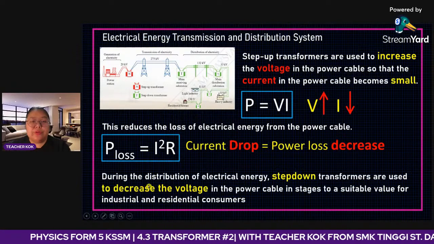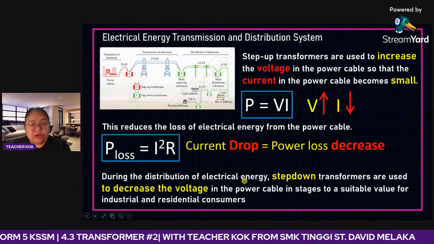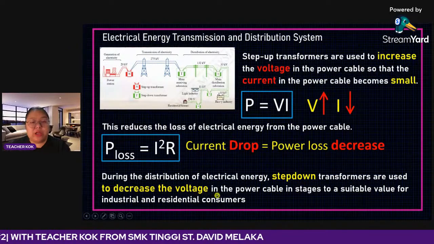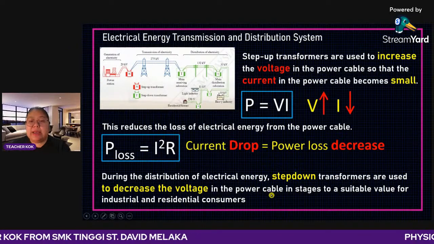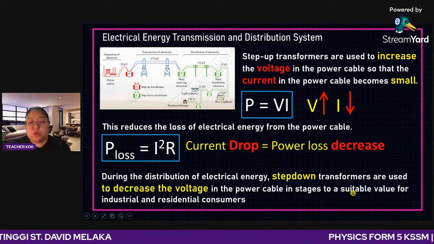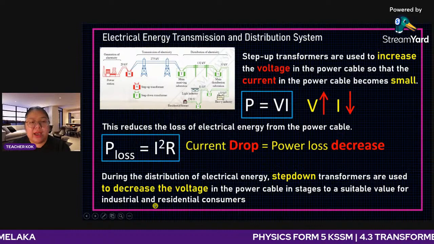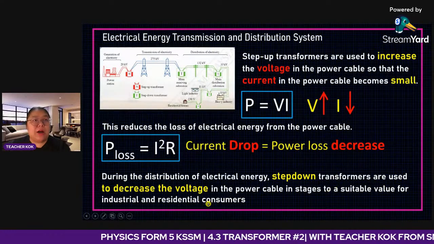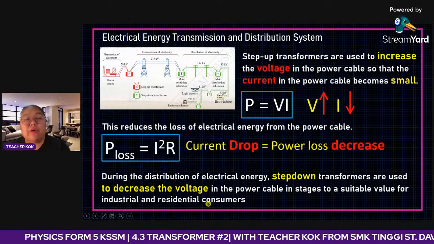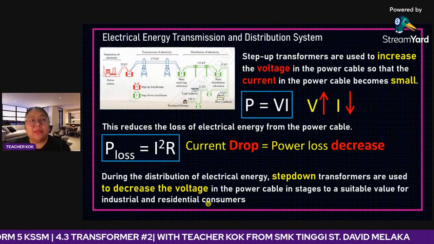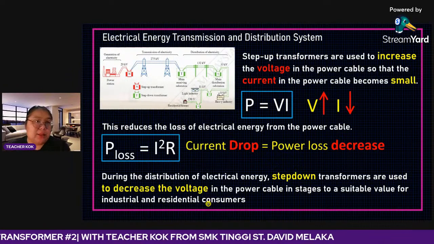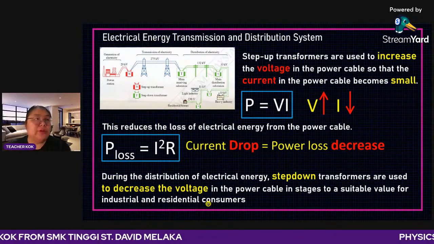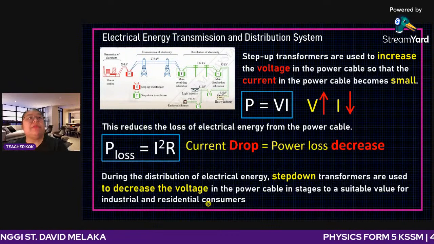From here, during the distribution of electrical energy, step down transformers are used to reduce the voltage in the power cables in stages to a suitable value for industrial and also residential consumers. So this is talking about after the power station. After the long cable is sent to the main station for your housing area, your local area power station, you can step down already.